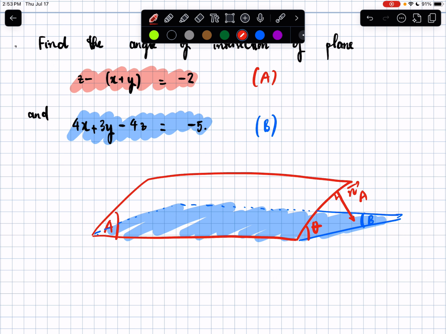And the normal vector of B is perpendicular to B.